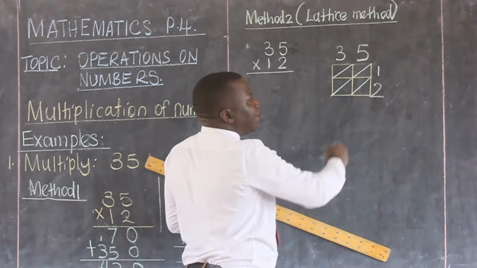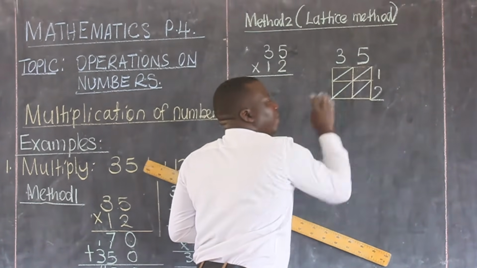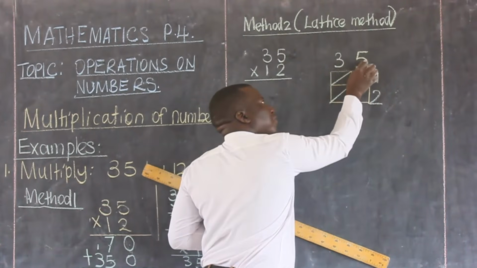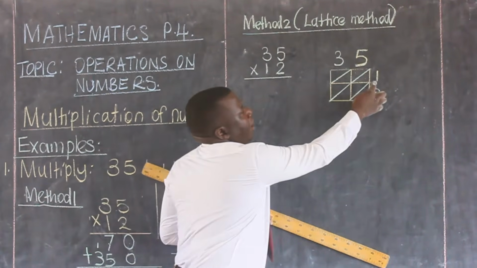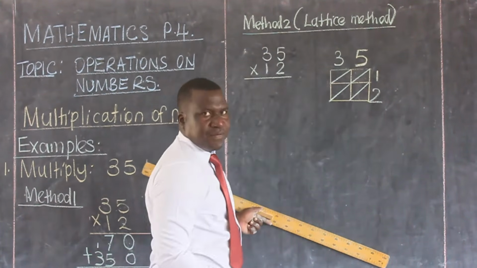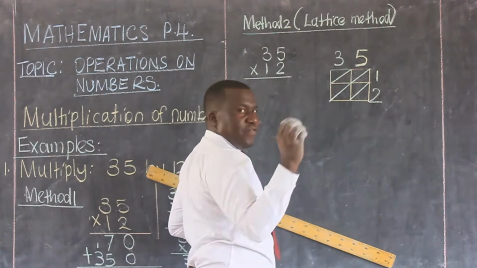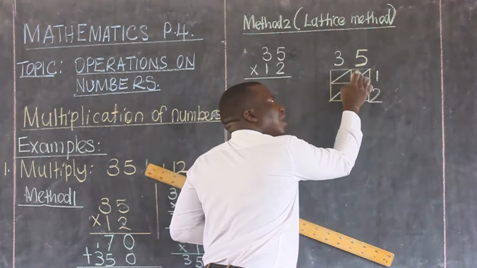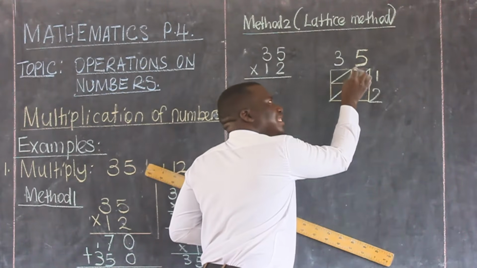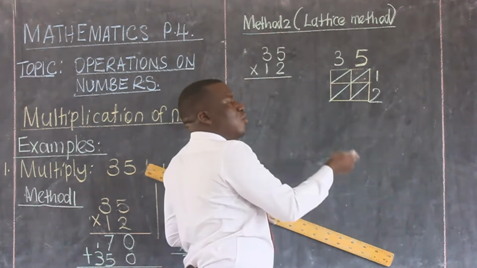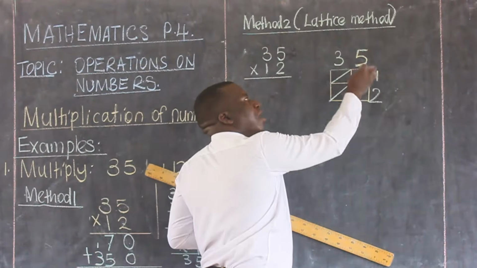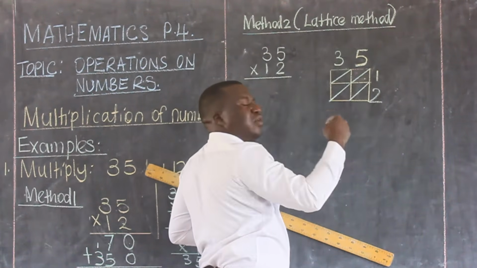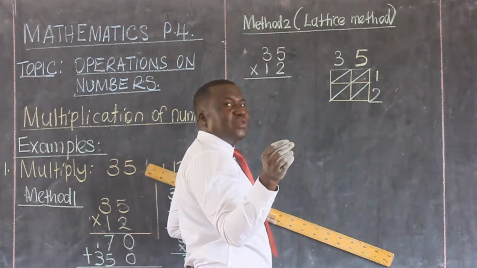Now here, in the first box here, you are multiplying 1 times 5. And it will give you 5. However, there are 2 boxes here. There is this and that. So meaning, where you are faced with a situation where you are getting only one digit, 1 times 5 giving you only 5, you add another digit which is 0.